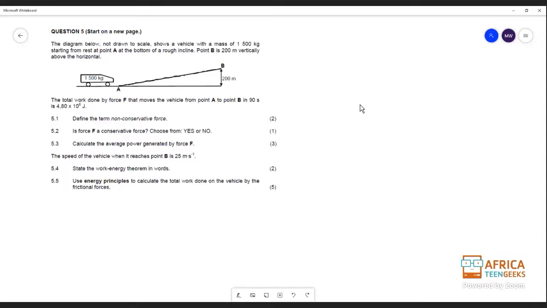Then question 5.1 asks us to define the term non-conservative force.